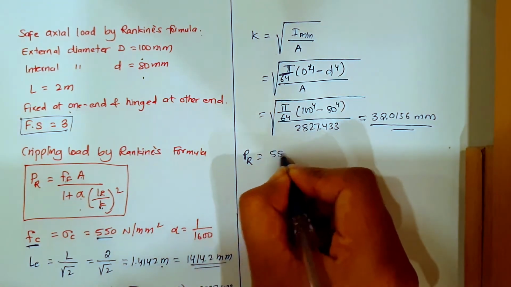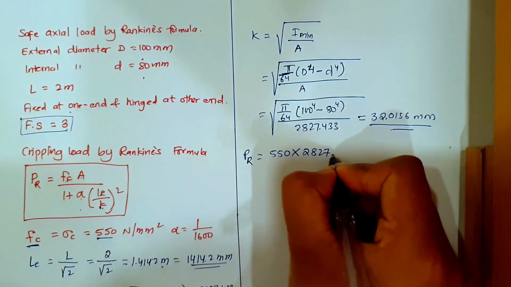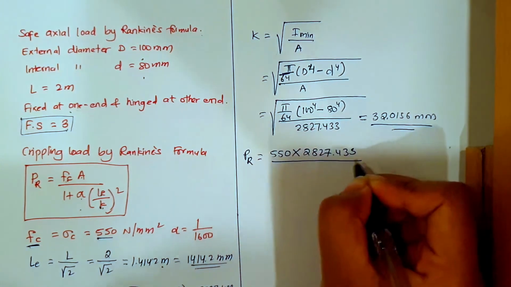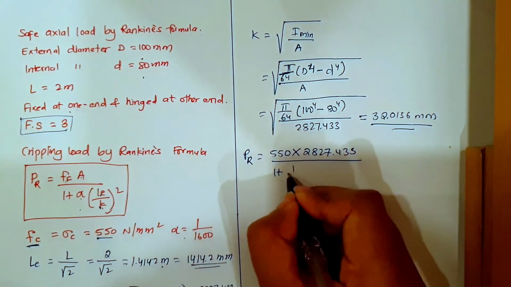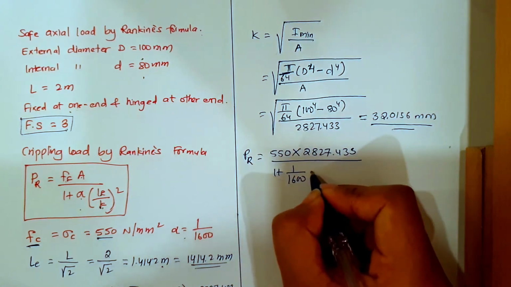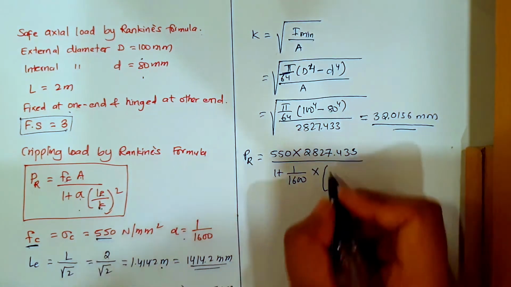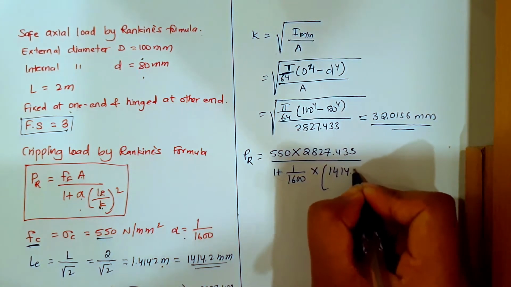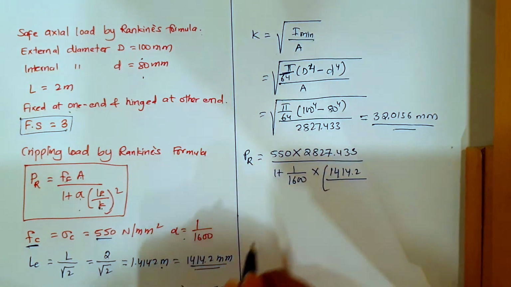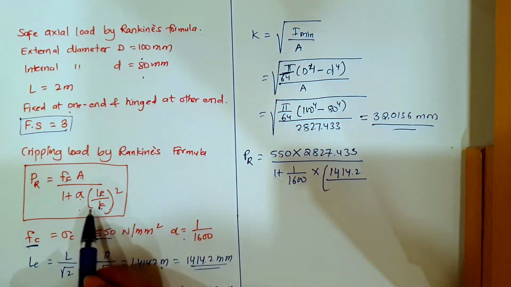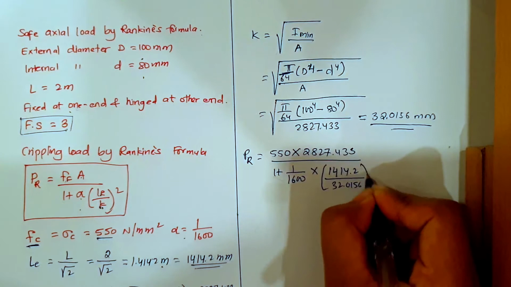So we have 550 into area we found, 2827.433, divided by 1 plus alpha, which is 1 by 1600, into LE, which we found as 1414.2, divided by K, we got 32.0156, the whole square.